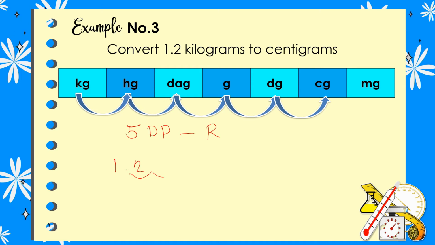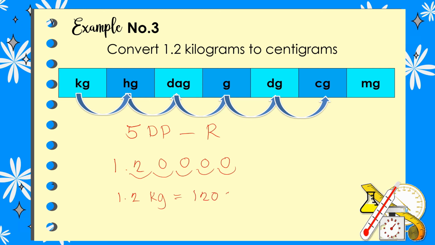So, 1, 2, 3, 4, 5. Mag-add tayo ng 4 na 0 kasi nagkaroon siya ng 4 na spaces. So, when you convert 1.2 kilogram papunta sa centigram, that is equivalent to 120,000 centigrams.